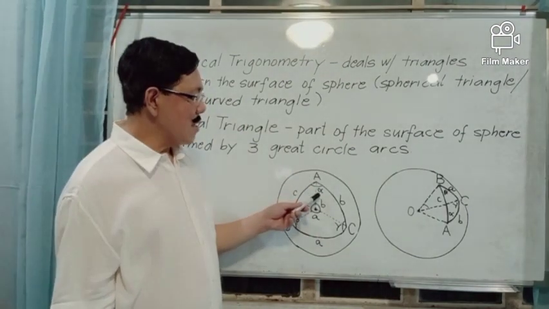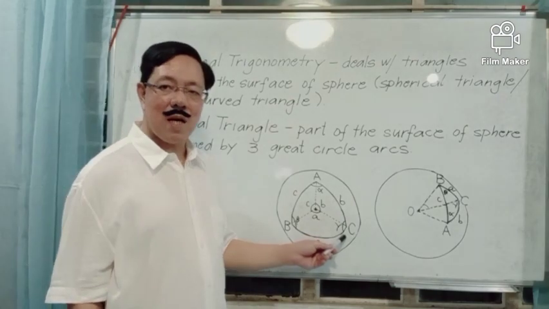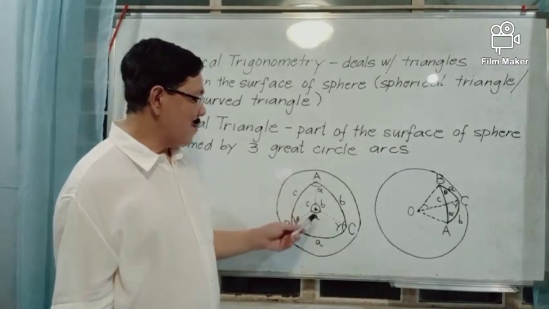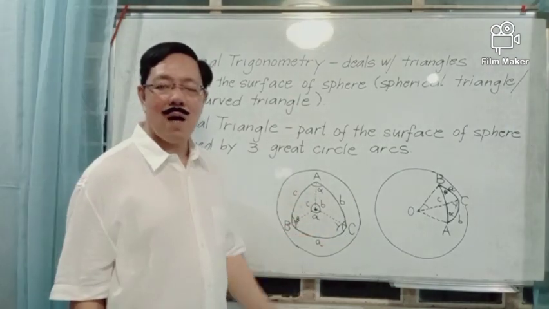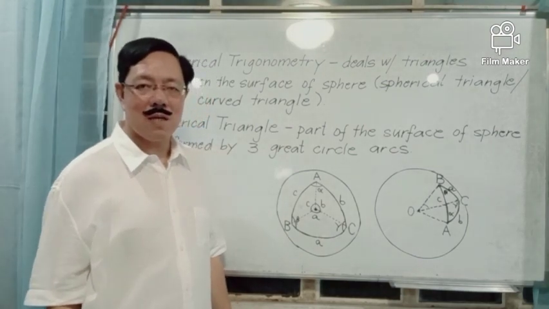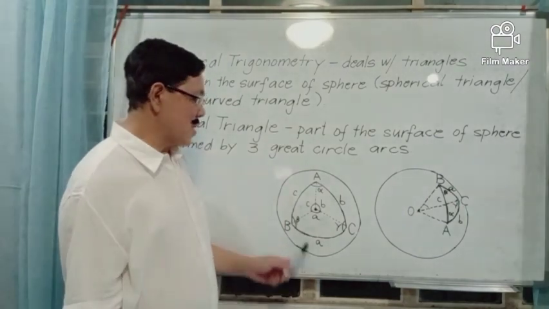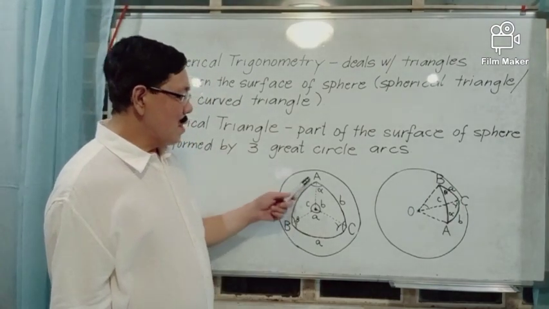These 3 angles at the 3 vertices of the spherical triangle, angles alpha, beta, and gamma, are called surface angles of the spherical triangle. The 3 other parts are the 3 sides of the spherical triangle.